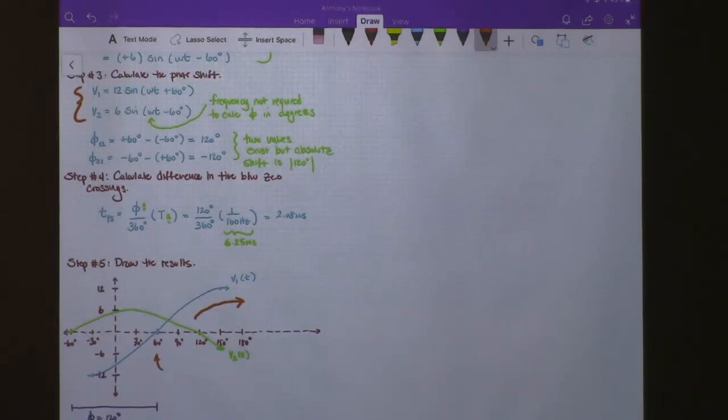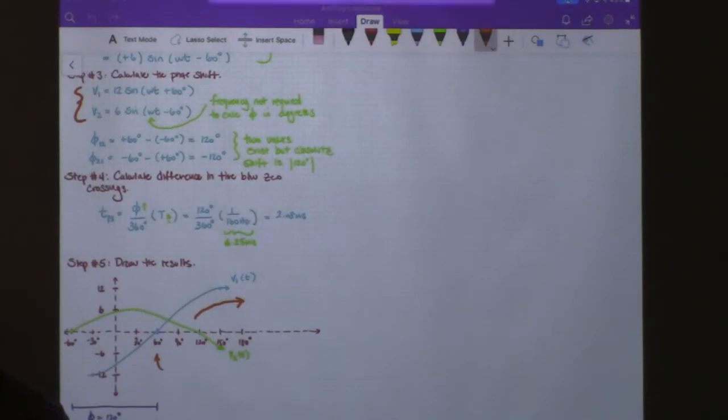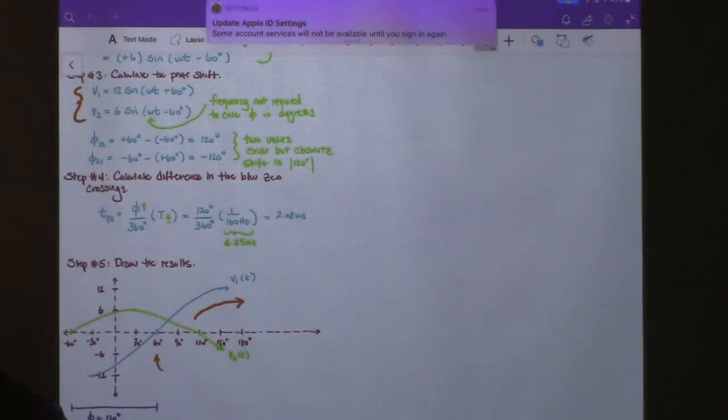So doing a problem like this, actually calculating the phase shift in both degrees as well as seconds, being able to draw them, understanding what they'll look like with respect to one another, this is something that you should know. You probably won't see too many problems like this. Really, this should be something that has already come up in some sort of math course, like a trig course. But definitely at least spend a little bit of time on this one. It's not like a one-off that you can just discount.